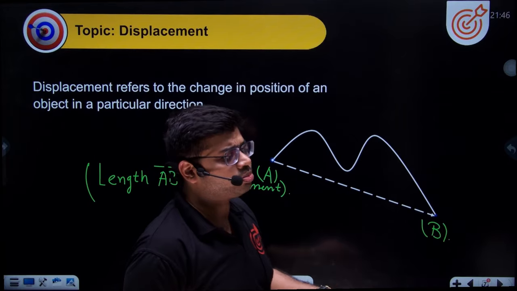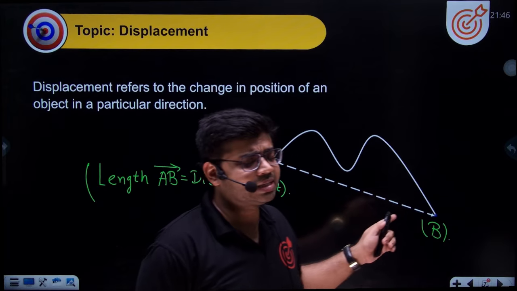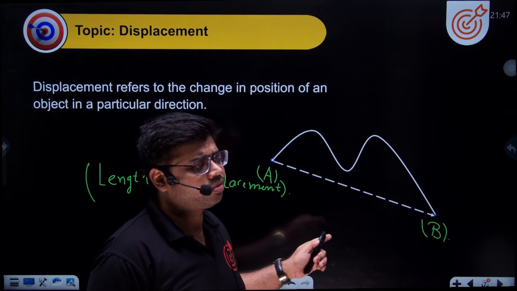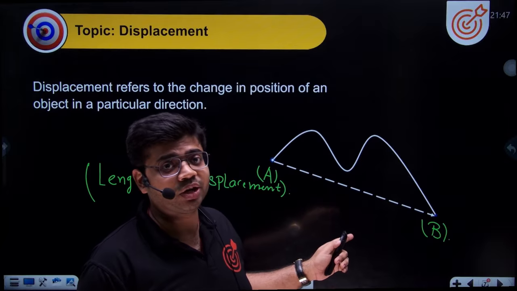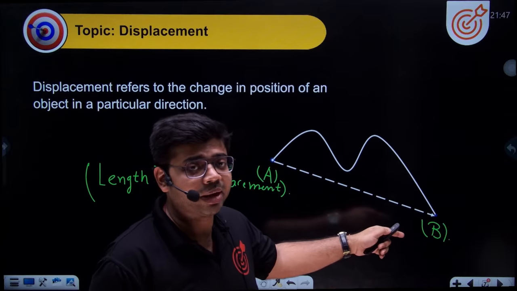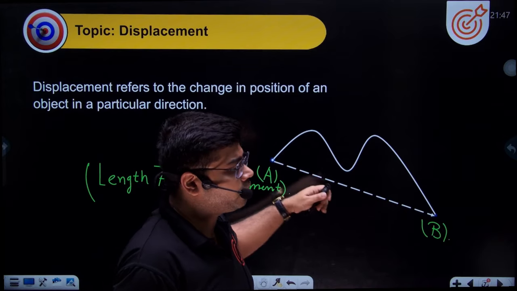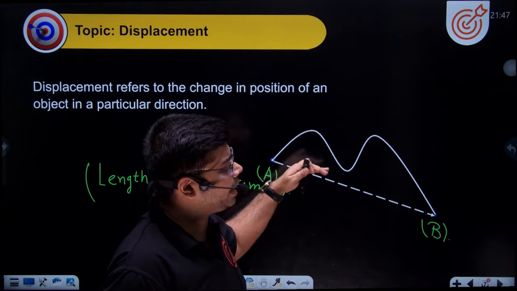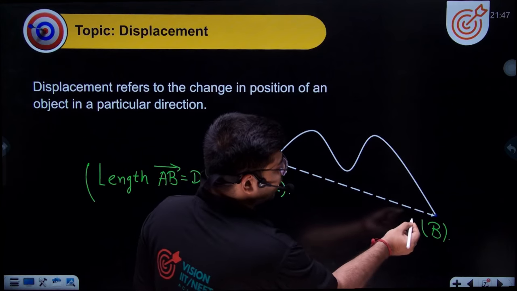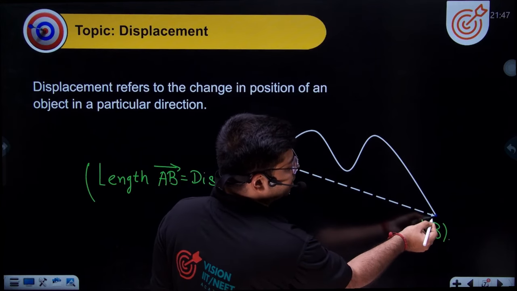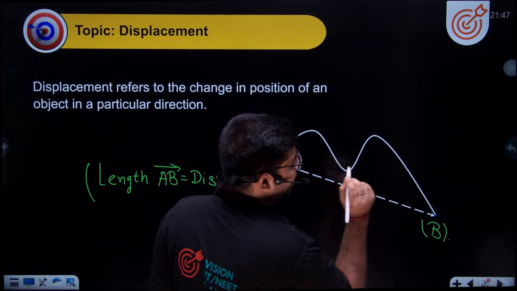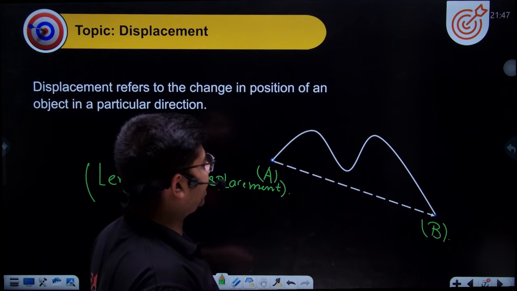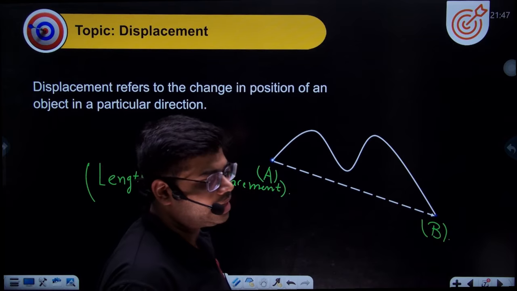And what is going to be the direction? Because this is a vector quantity, I have said. Then what is going to be the direction of the displacement? The direction is going to be from the starting point to the ending point, from A to B. So you can see the arrow here, from the starting point to the ending point is the direction. So this is what is meant by displacement.